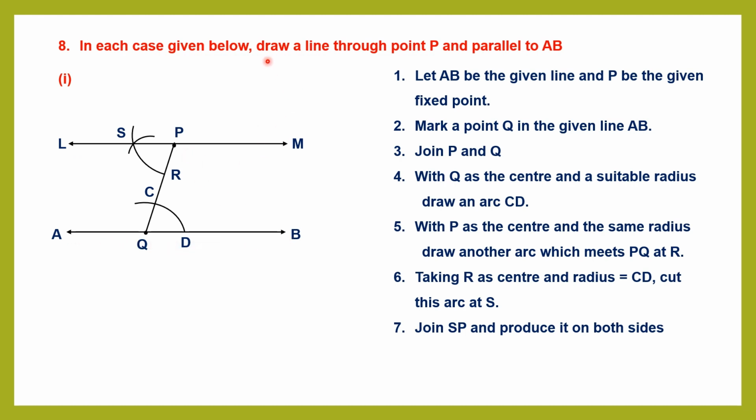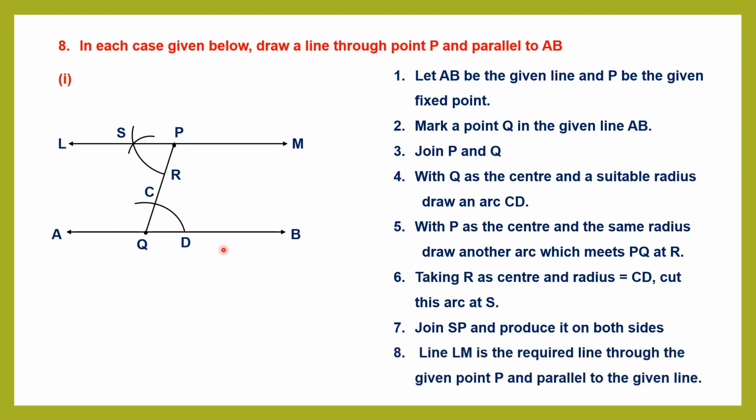That is what we are asked to do: draw a line through point P and parallel to AB. So line LM is the required line through the given point P and parallel to the given line.